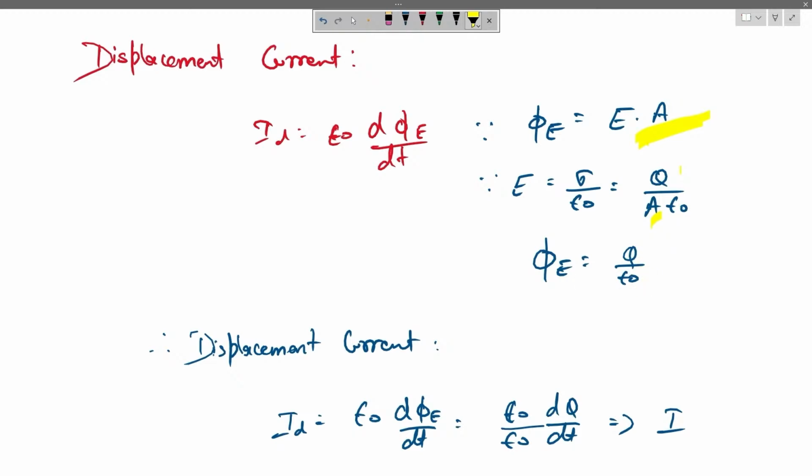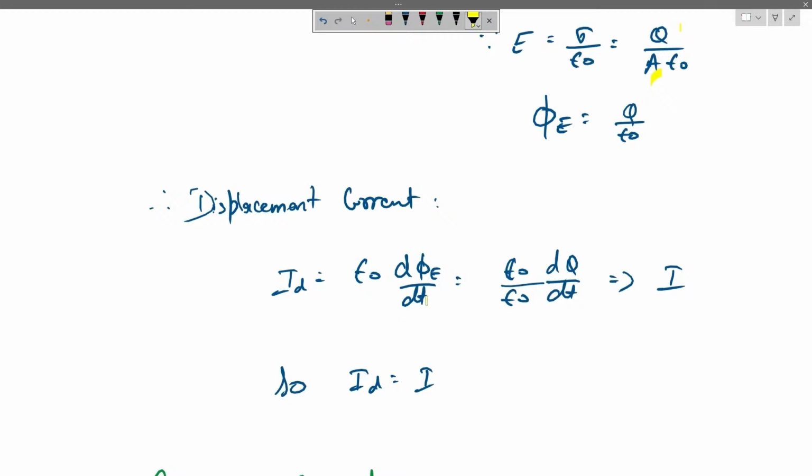Displacement current is epsilon naught d phi by dt. After substituting this flux, we get epsilon naught multiplied by dQ by epsilon naught dt. The epsilon naught cancels, and we get the displacement current equal to I. So the displacement current is equal to the conduction current.